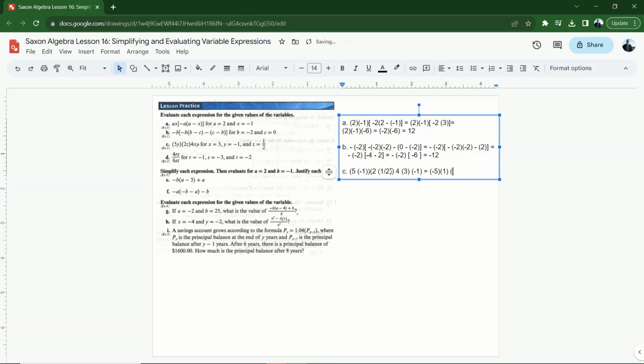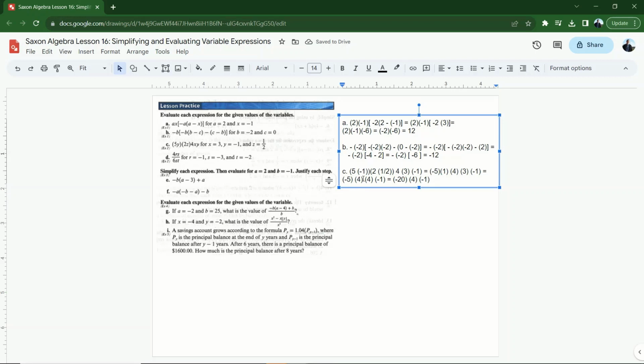And this is going to be times 4 times 3 times -1. And now I just multiply from left to right to solve this. -5 times 1 is -5 times 4 times 3 times -1. Okay. -5 times 4 is -20. And I still have times 4 times -1.